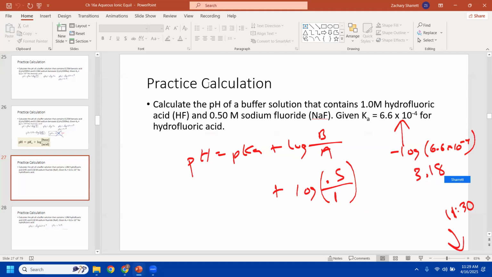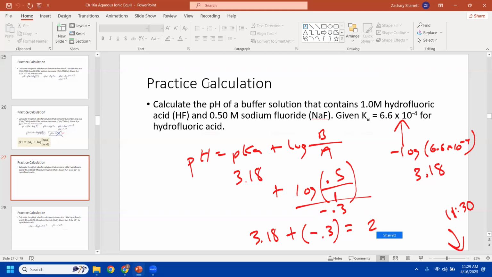Everybody else get that? 3.18 is the pKa. Are these equal? There's more acid than base, so it should theoretically be a negative value. What'd you get for log of 0.5 over 1, Bronson? Negative 0.3. 3.18 plus negative 0.3 gives us 2.88.